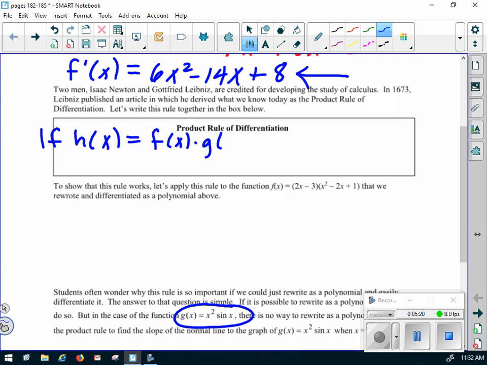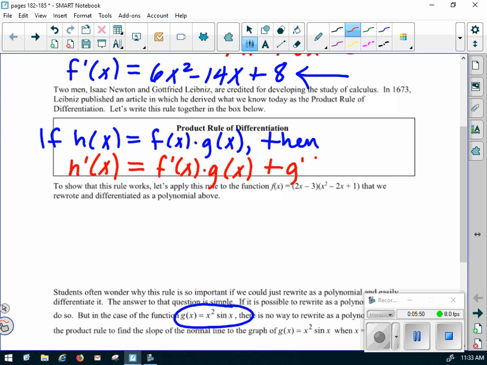If h of x is equal to f of x times g of x, then h prime of x equals f prime of x times g of x plus g prime of x times f of x. Just write it down.